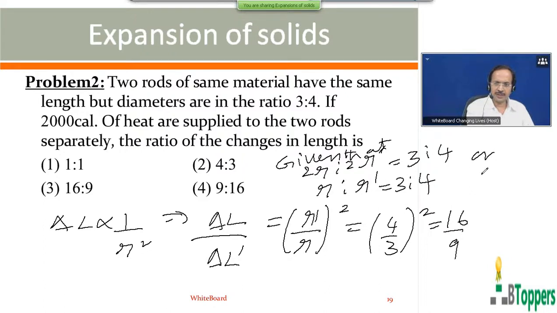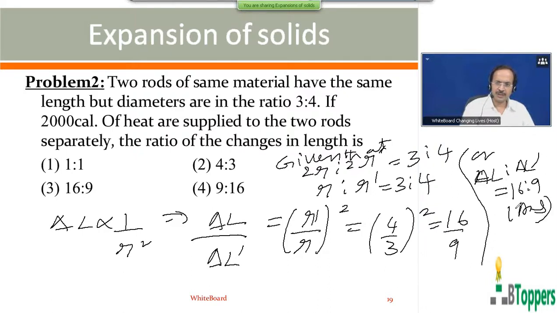So ratio of the change in the length of the first rod and the change in the length of second rod will be 16:9. So that's the answer for this problem number 2.